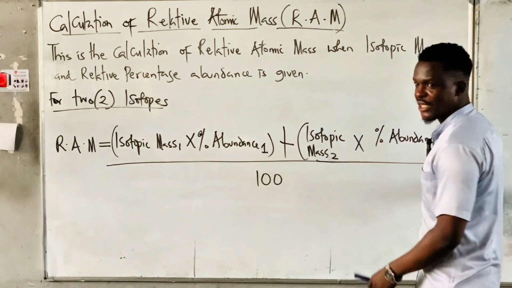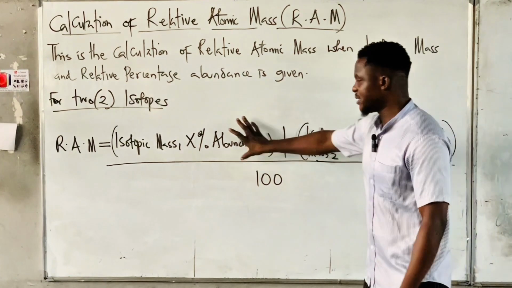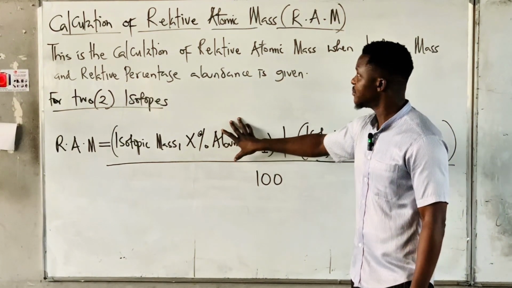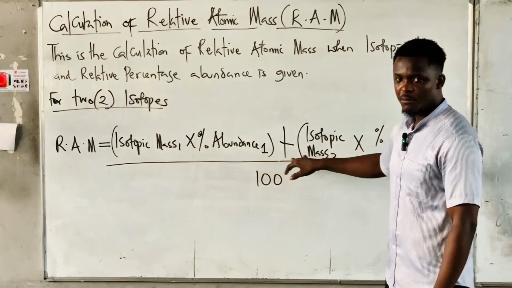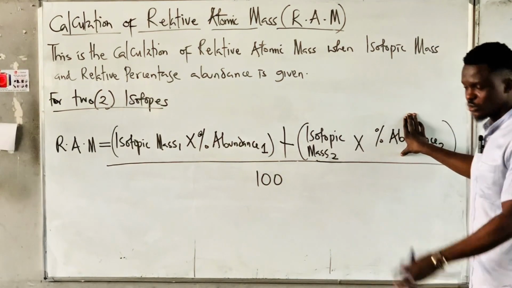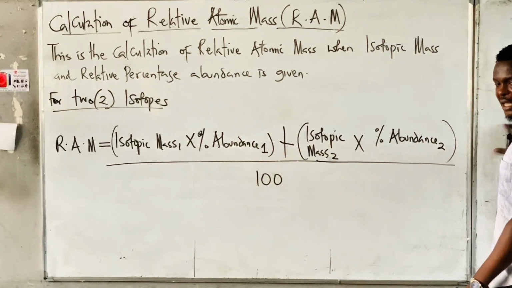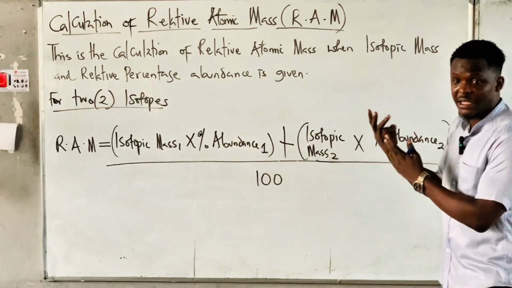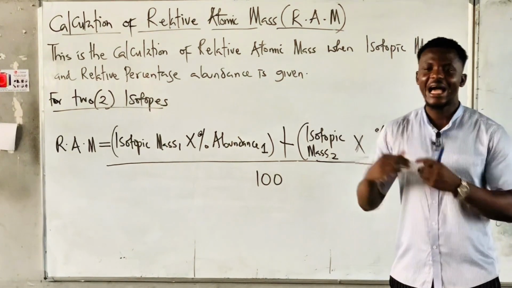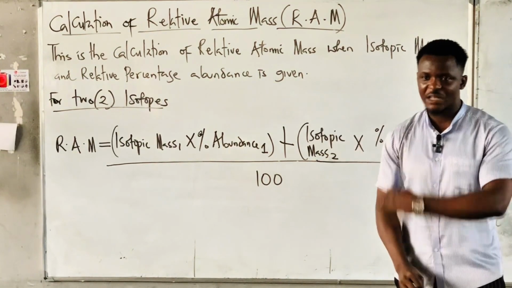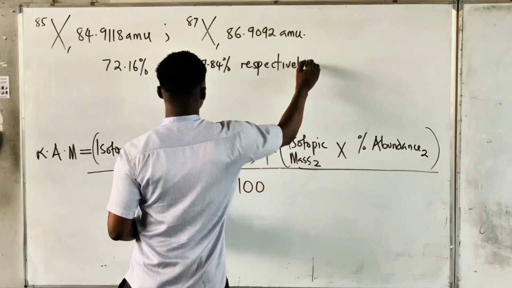For the three isotopes, I'll simply say, for the first one, isotopic mass 1 times abundance 1 plus isotopic mass 2 times abundance 2 plus isotopic mass 3 times abundance 3. That is if it was three isotopes. Now, the highest they will ask you is three isotopes. They wouldn't actually exceed three. All right?